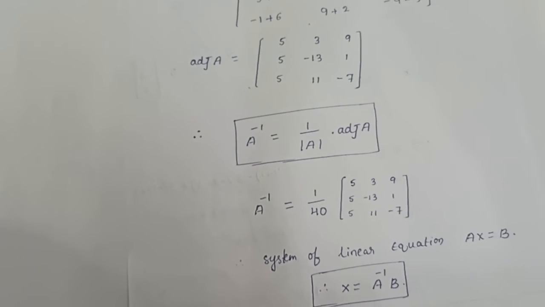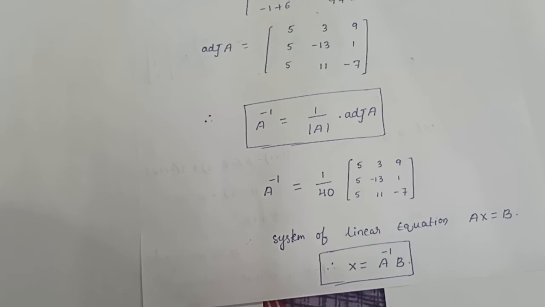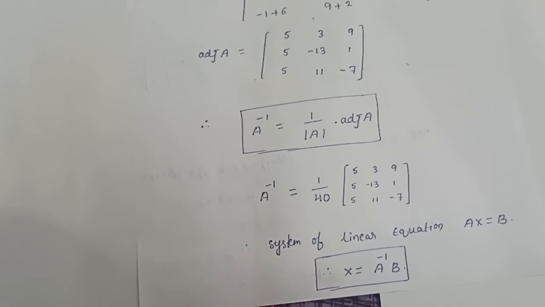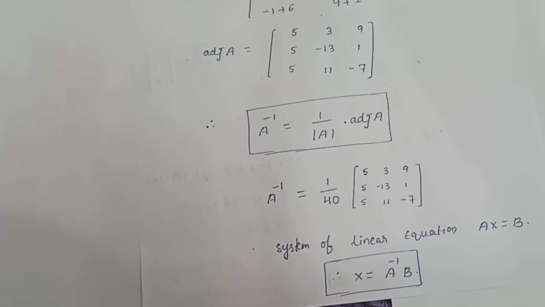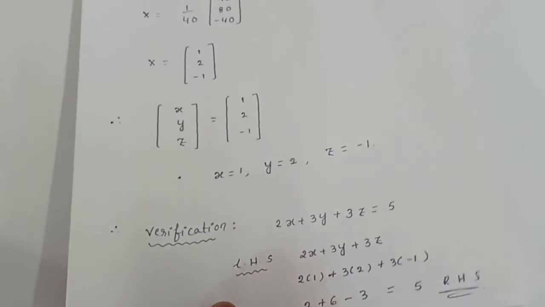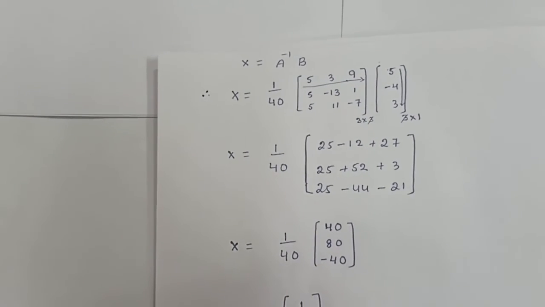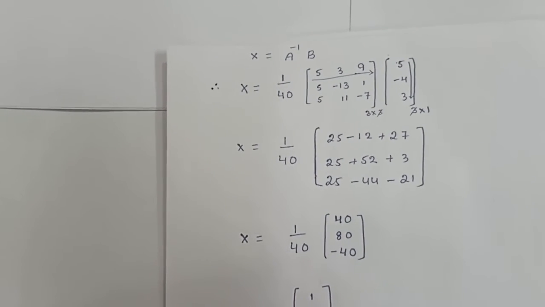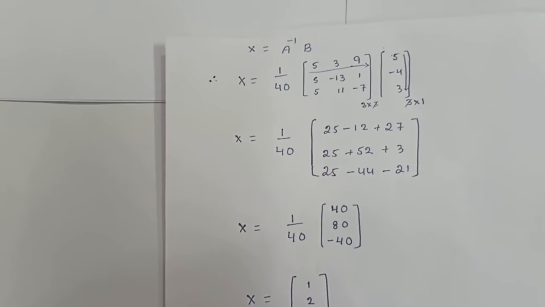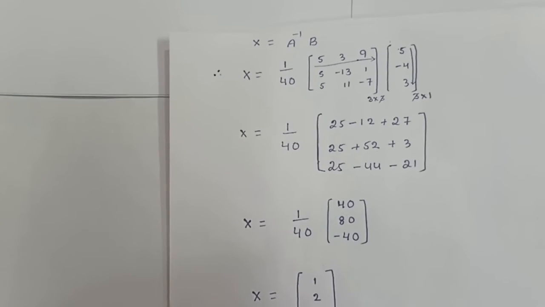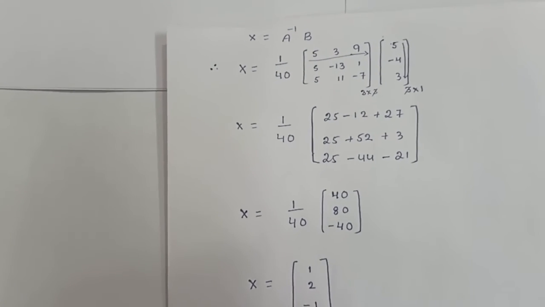Therefore the system of linear equations is AX equal to B. Then X equal to A inverse into B. Therefore X equal to 1 by 40 into 5, 3, 9, 5, minus 13, 1, 5, 11, minus 7.